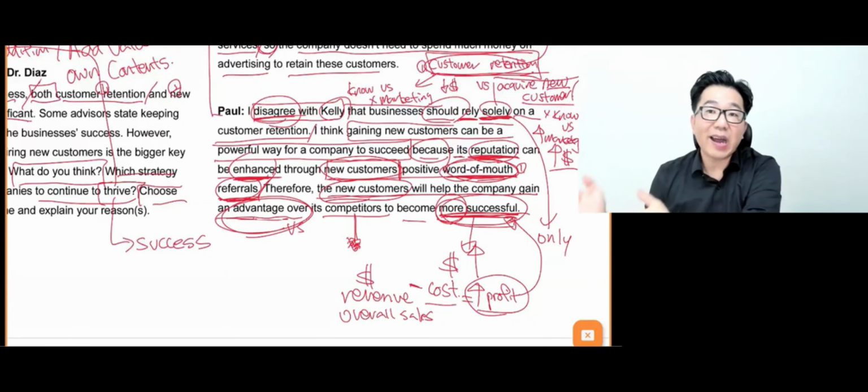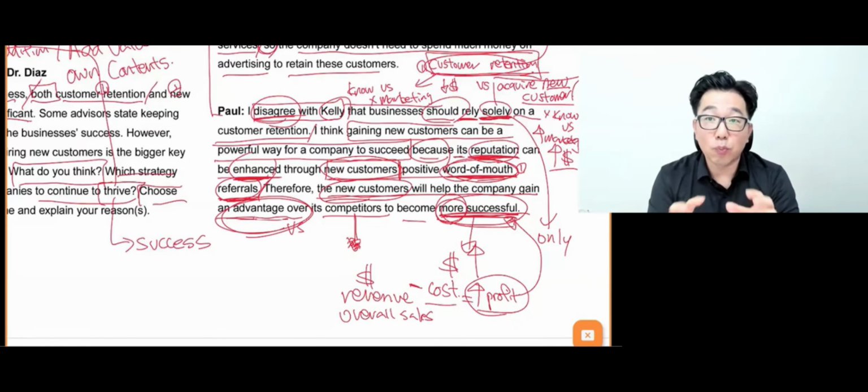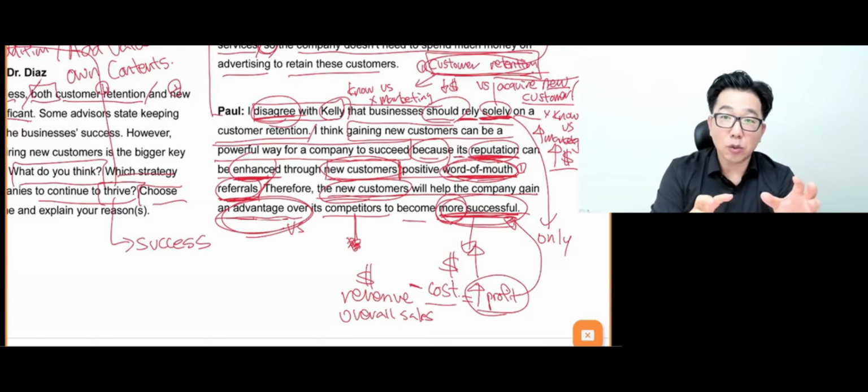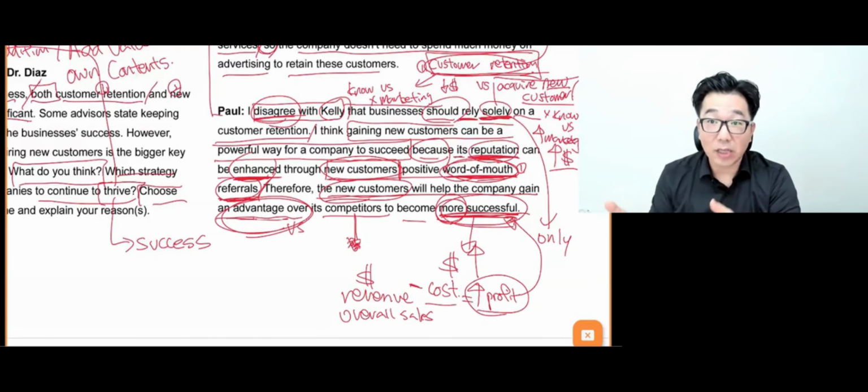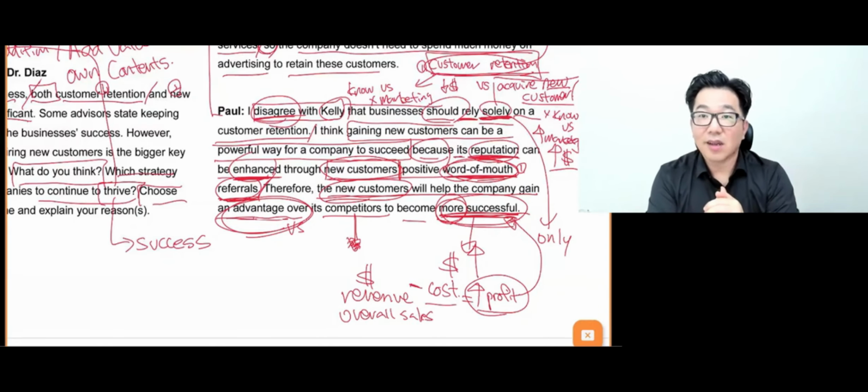To get to the final answer, we need to do brainstorming. We need to plan, structure, and develop our answer. So next step, as we always do, we'll do idea generation by note-taking our answer. All right, blank screen. Let's go.